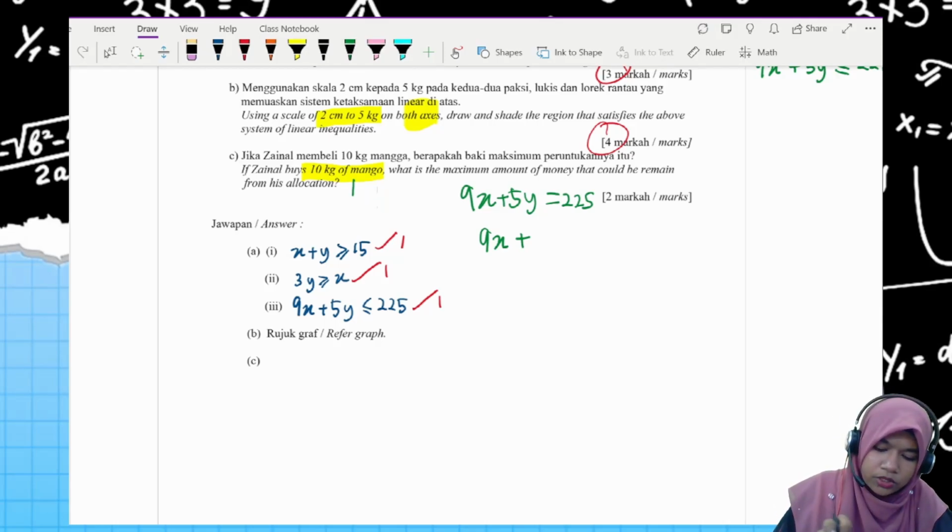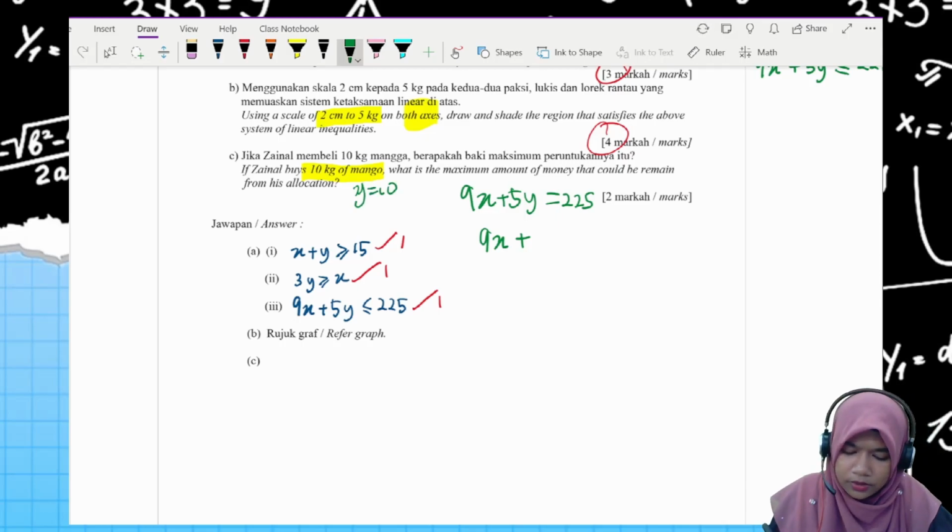You substitute into 9x plus 5y. Sorry, this one not 10, this one when y equals to 10. When y equals to 10, so 5 times 10, equals to 225.